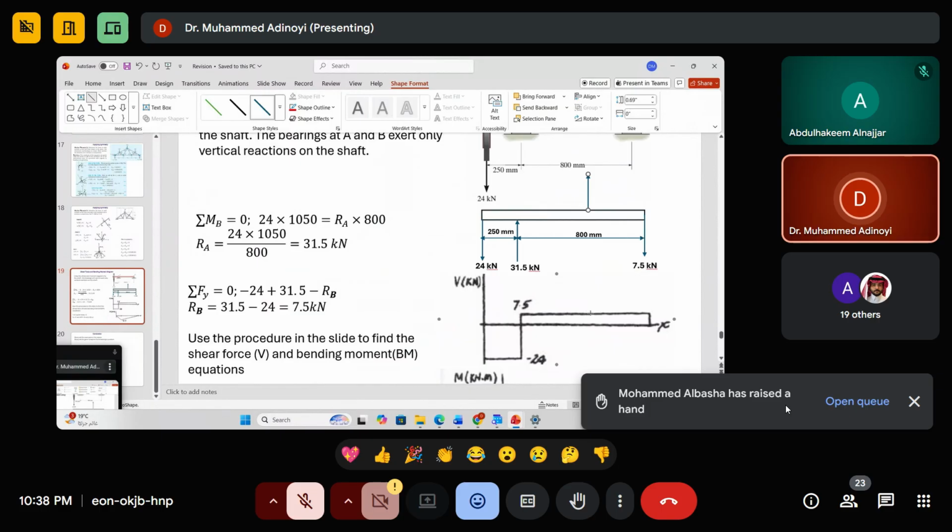My shear force diagram will go up. Then it will come down. If there is another load here, this becomes my shear force diagram.